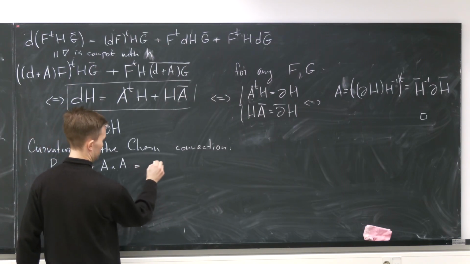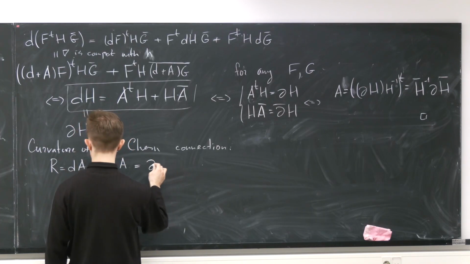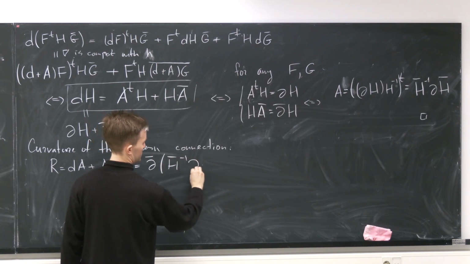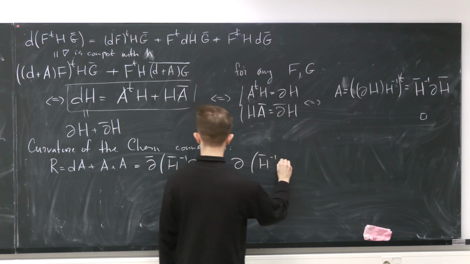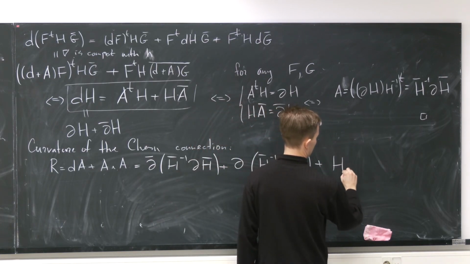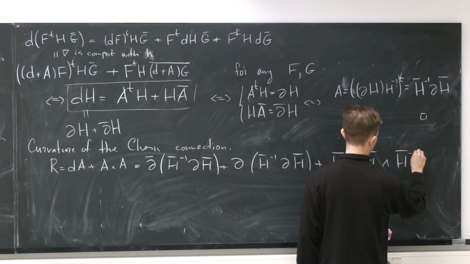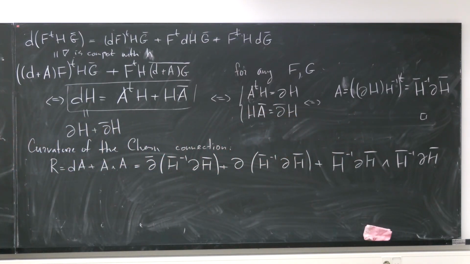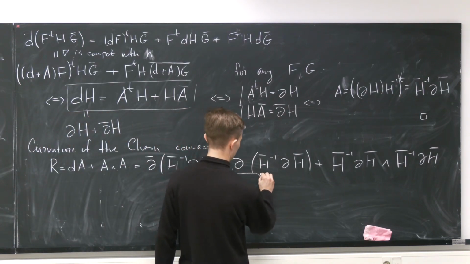So this will be del bar of H bar inverse del H bar plus del H bar inverse del H bar plus H bar inverse del H bar H bar inverse del H bar. So what do I want to do here?